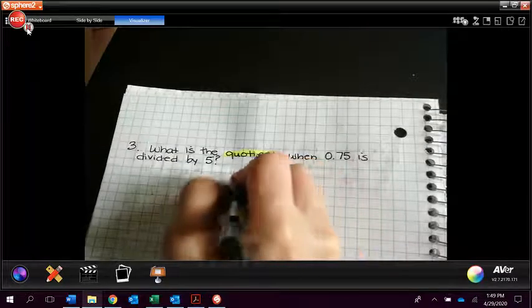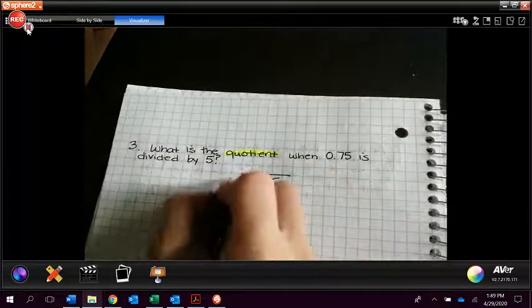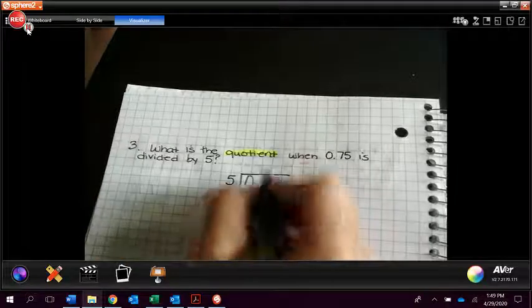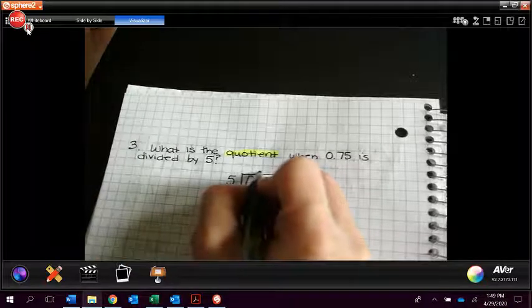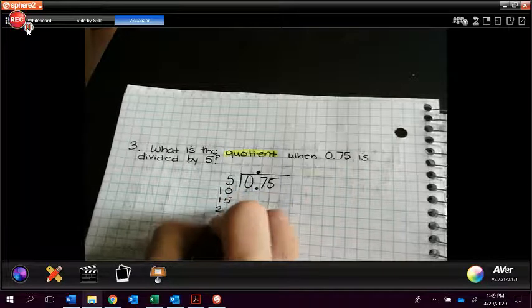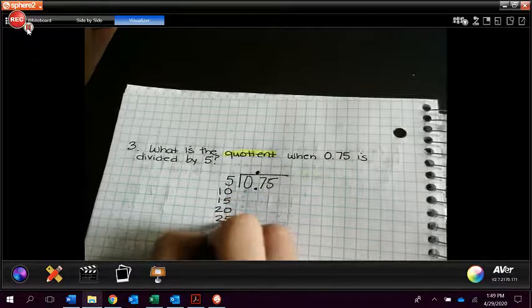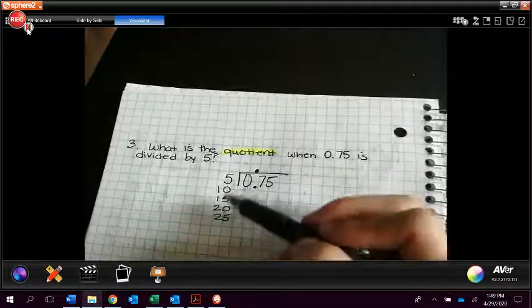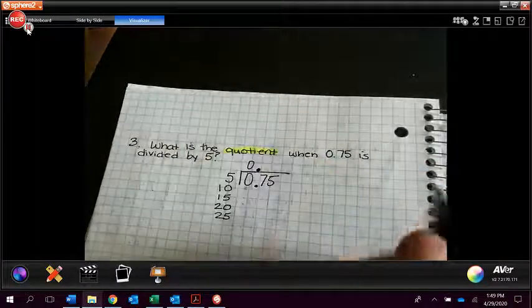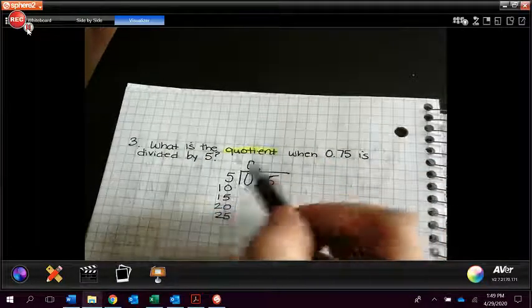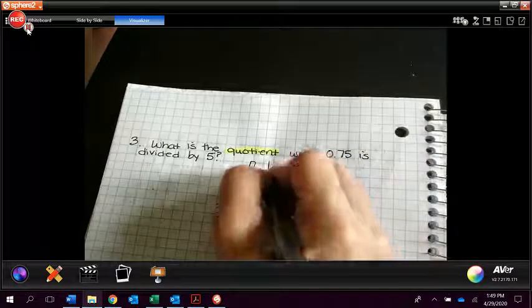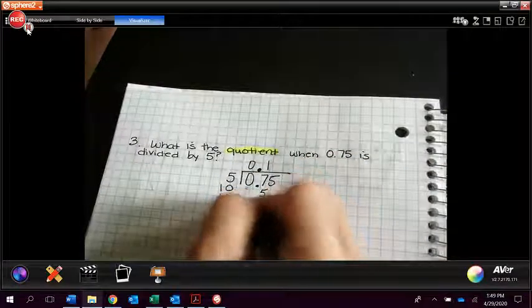So again, we're going to go ahead and write our problem. 0.75 divided by 5. And then again, remember your decimal point. You want to make sure you bring it up before we begin. And we can do our multiples. And these are also easy. Alright, so how many times does 5 go into 0? We know, of course, 0. How many times does 5 go into 7? 1 time. 5 times 1 gives us 5.